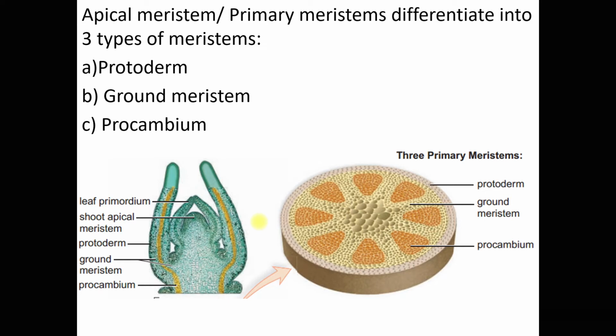Now, the apical meristem differentiates into three types of meristem. Those three types of meristem are the protoderm, you can see the protoderm, and then the ground meristem, kawasan ni, and then procambium.